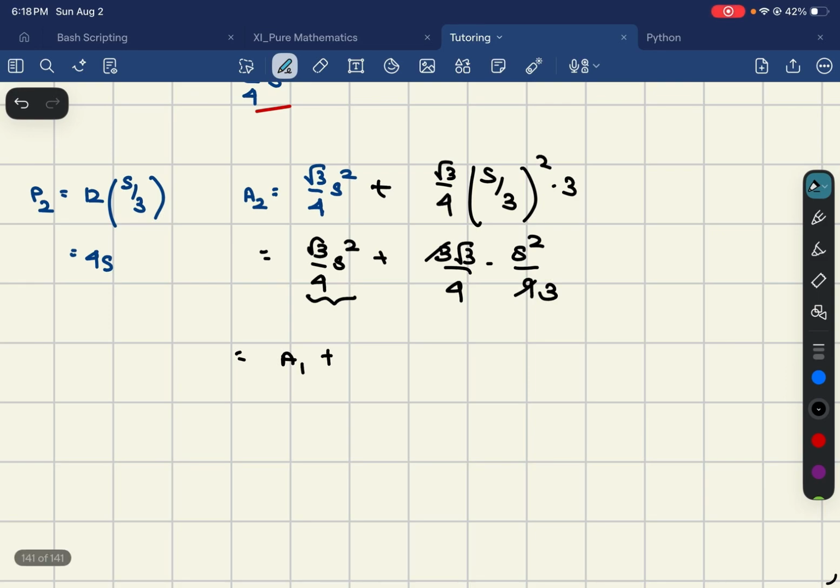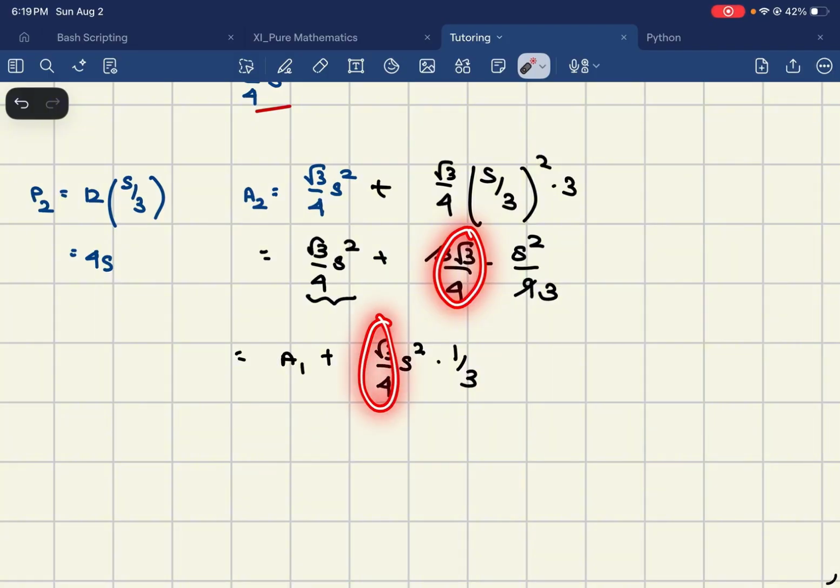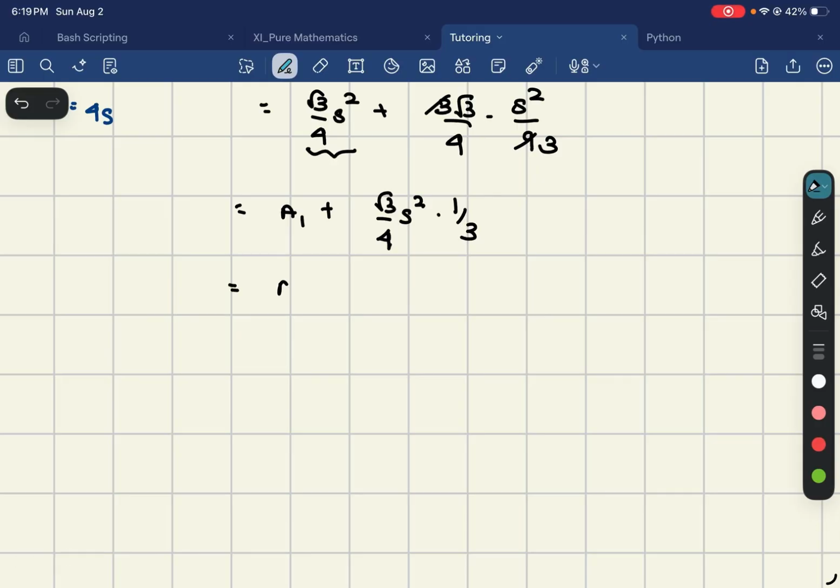A1 plus this part is just going to be root 3 over 4 S squared times 1 over 3, right? We have root 3 over 4 from here, S squared from here, and then we have 1 over 3 here. All right, so I can write this as A1 plus root 3 over 4 S squared.